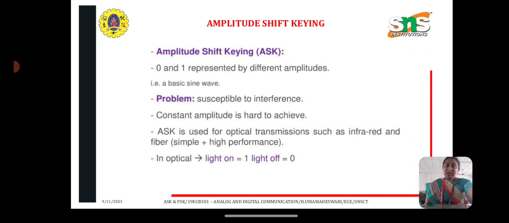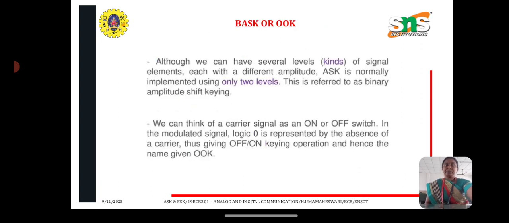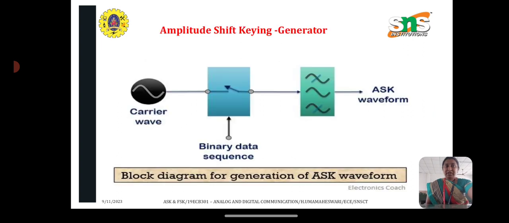When we consider it in optical terms, if the light is on, it is 1, and if it is 0, the light is off. This amplitude shift keying is also called on-off keying, as it is like a light switch turning on and off, and it is also called binary amplitude shift keying.